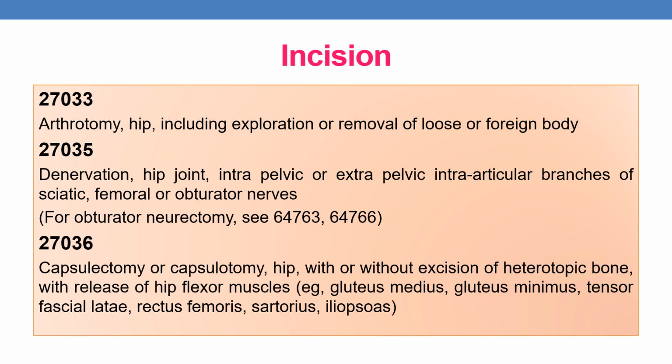The next CPT is 27036. Capsulectomy or capsulotomy, hip with or without excision of heterotopic bone with release of hip flexor muscles. For example, gluteus medius, gluteus minimus, tensor fascia latae, rectus femoris, sartorius and iliopsoas.